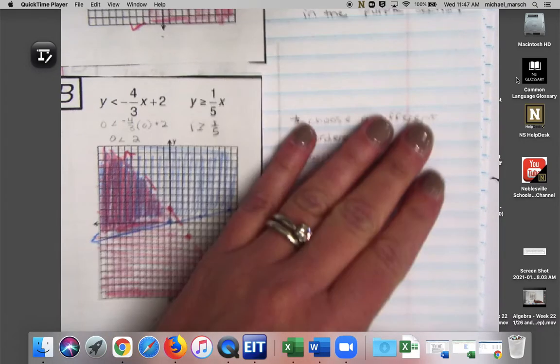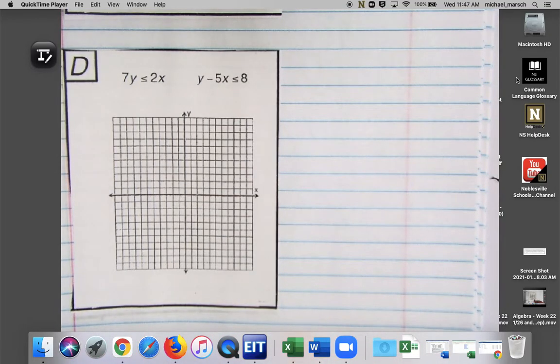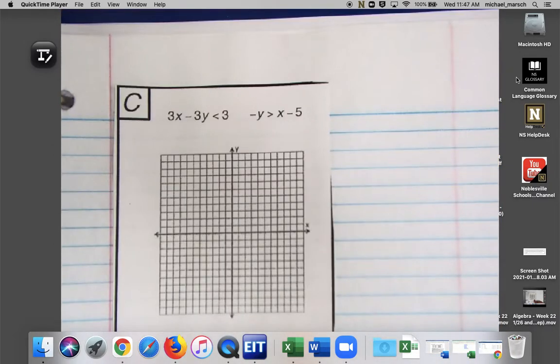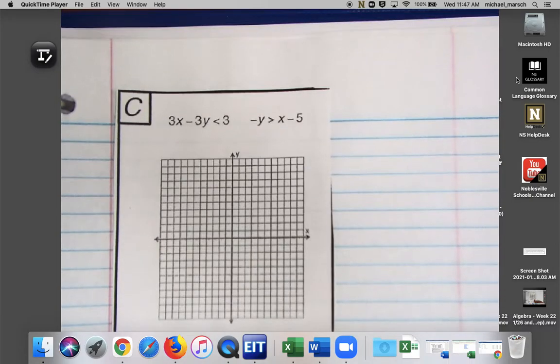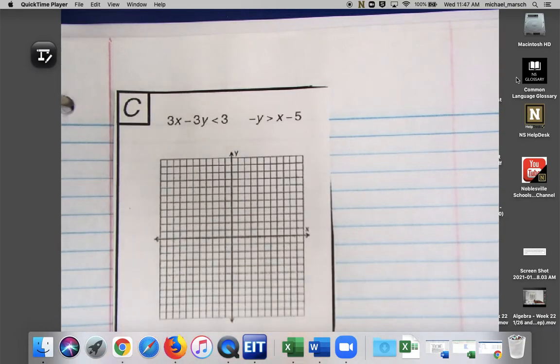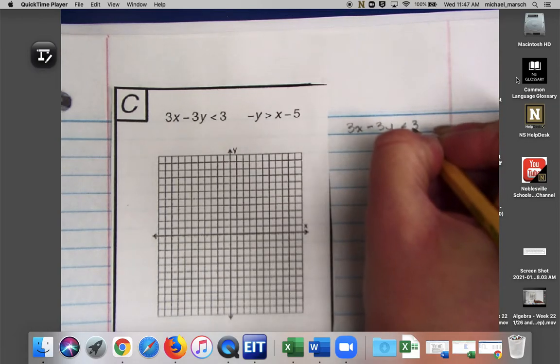All right, let's turn the page. Okay, what do you notice about these inequalities? The first one definitely isn't in slope-intercept form, and the second one needs to be fixed, right? So the first one we have to rewrite, so let's put it up here, 3x minus 3y is less than 3.